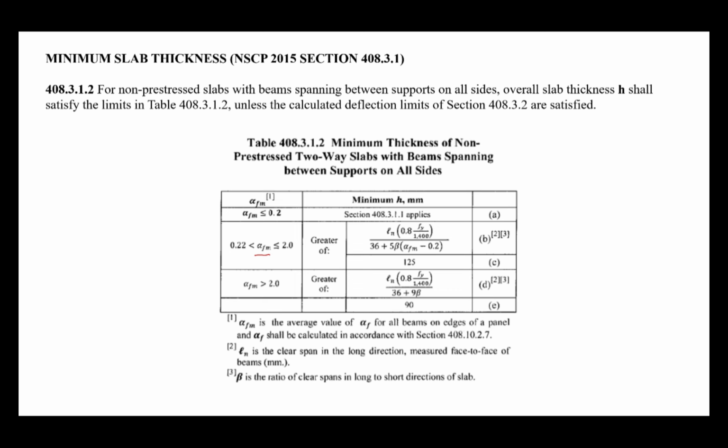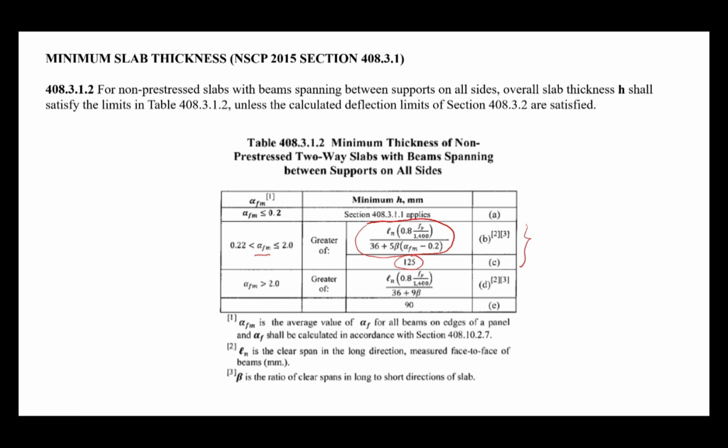Okay, if for instance the average of the flexural stiffness ranges from 0.2 to 2, then we will compute the minimum h based on the greater of these two. Okay, this quantity here, or 125.